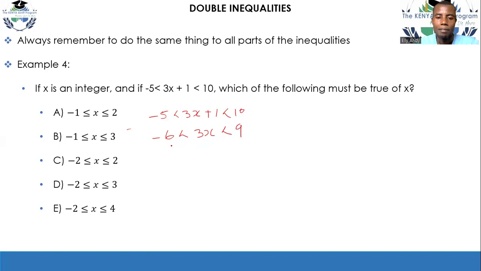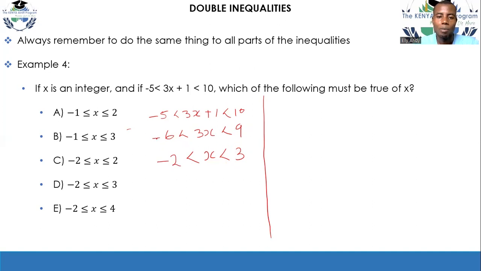Then let's divide each term by 3. So we have negative 6 divided by 3, that gives us negative 2. Then we have 3x divided by 3 is x. Then finally 9 divided by 3 is 3. Right.